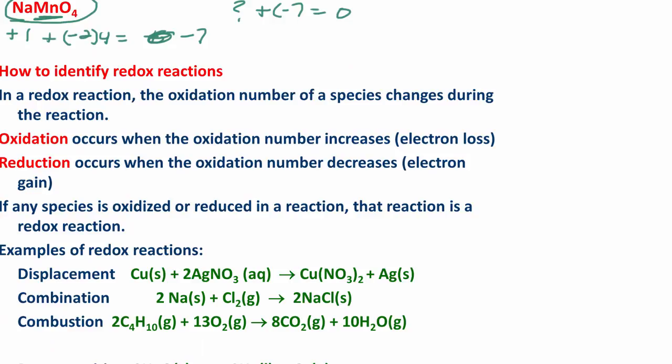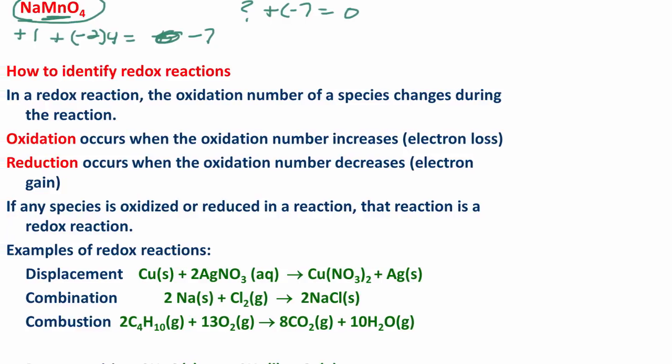So let's see, how do we identify redox reactions? Well, easily. In a redox reaction, the oxidation number of a species changes during the reaction. Again, oxidation occurs when the oxidation number increases. That's an electron loss. Reduction occurs when the oxidation number decreases.